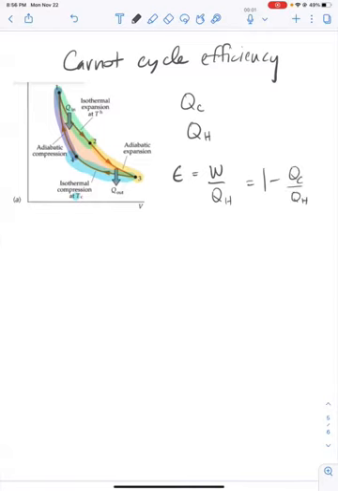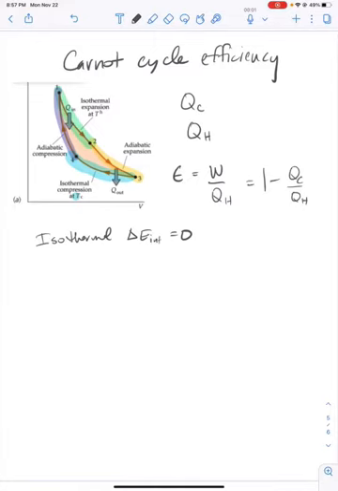Okay. So remember, at the adiabatic stages, there's no change in heat, and in the isothermal stages, the delta E internal is 0. There's no change in internal energy since there's no change in temperature.